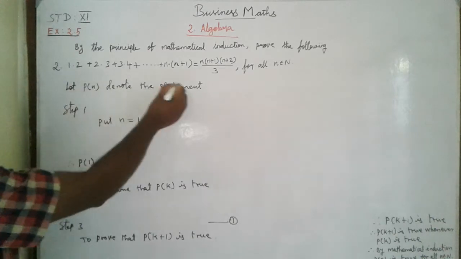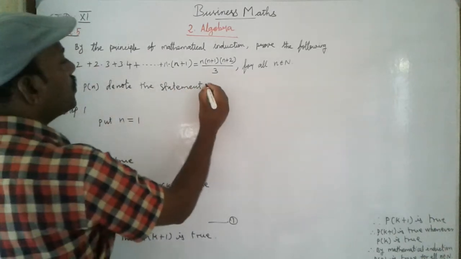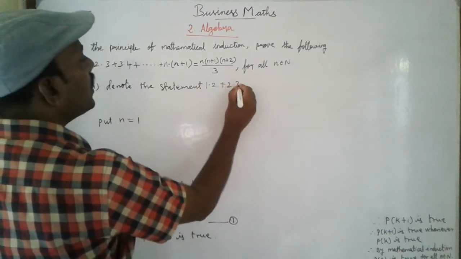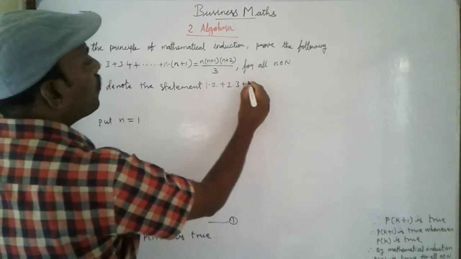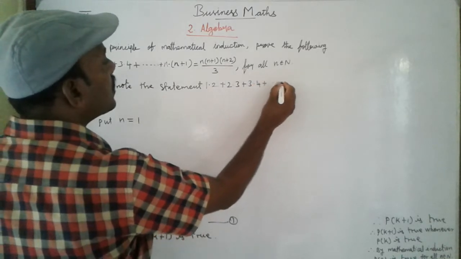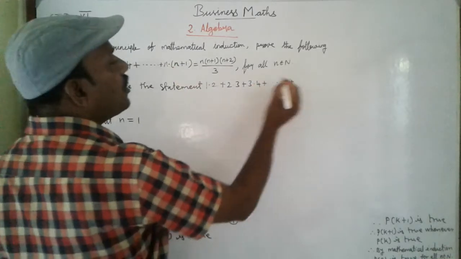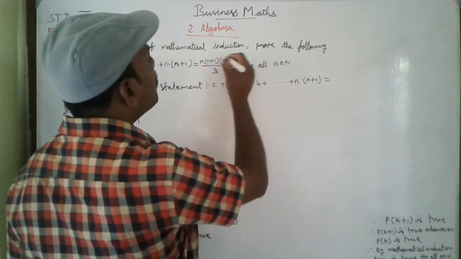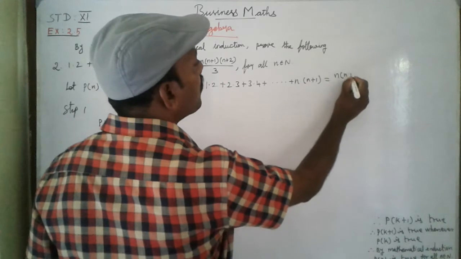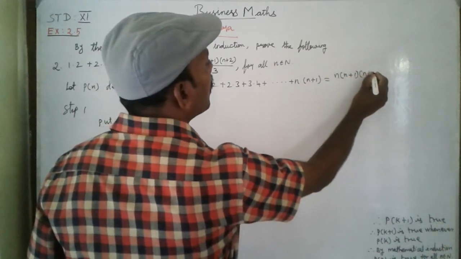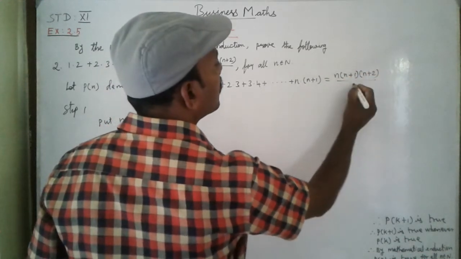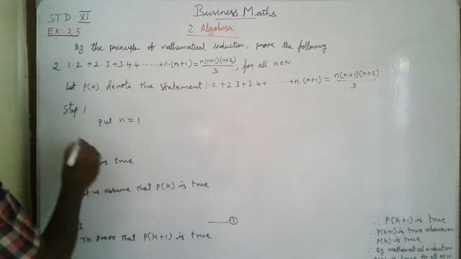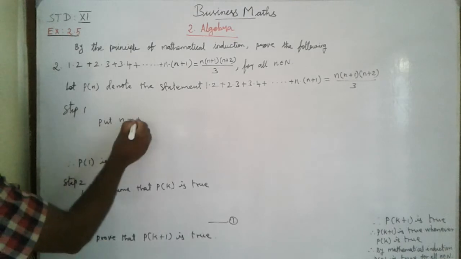Let P(n) denote the statement 1 into 2 plus 2 into 3 plus 3 into 4 plus and so on, plus n into (n+1), equal to n(n+1)(n+2) divided by 3. This is the first statement. Step 1: put n equal to 1.